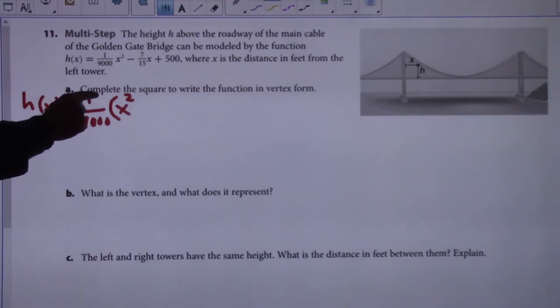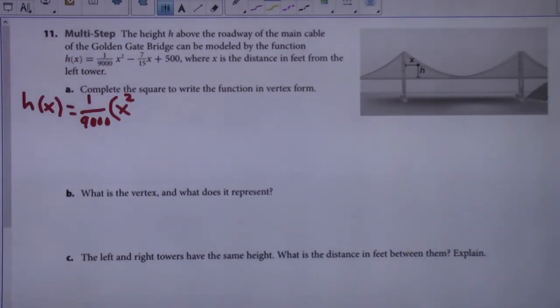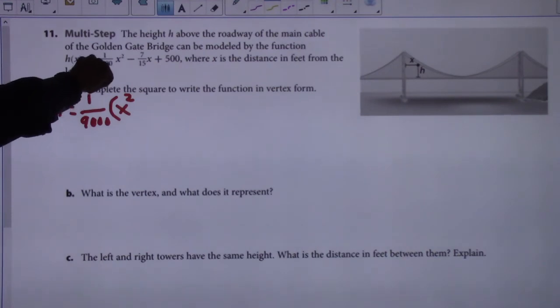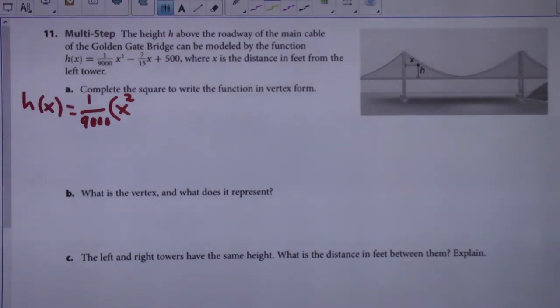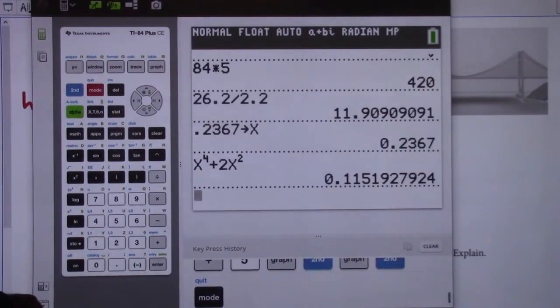So what times 1/9000 equals negative 7/15? What you'll do is take 9,000 times 7 divided by 15.